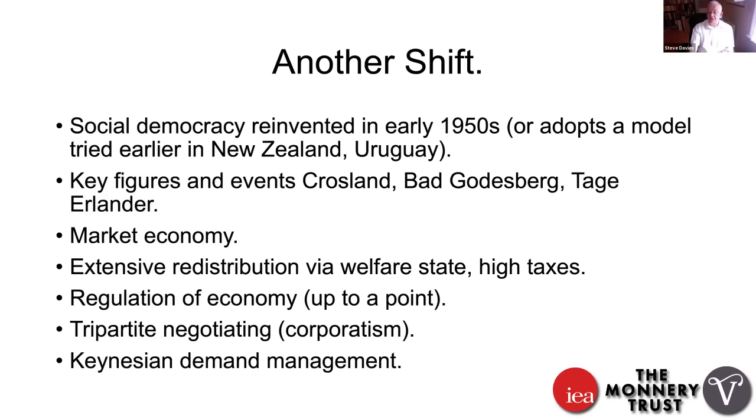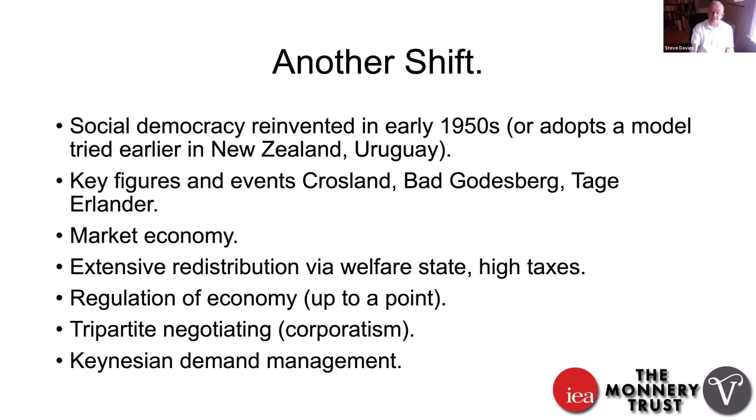And you also initially had the idea of tripartite negotiation. This was the idea that you should set national economic policy by a tripartite negotiation between the government, organized labor, and organized business. This was the model that you find in many parts of the world in the 1950s and 1960s. And this is combined with Keynesian demand management.